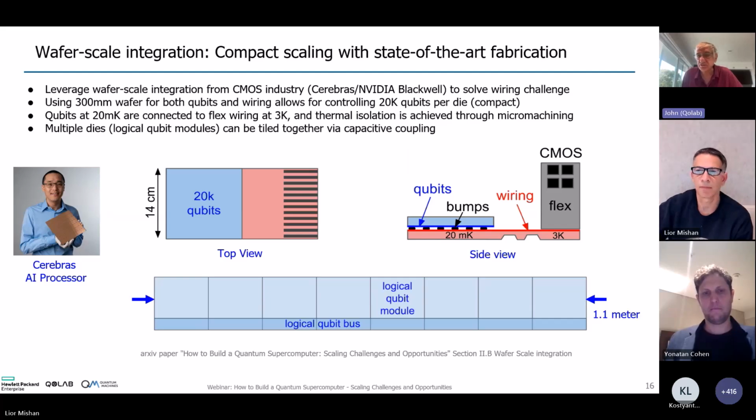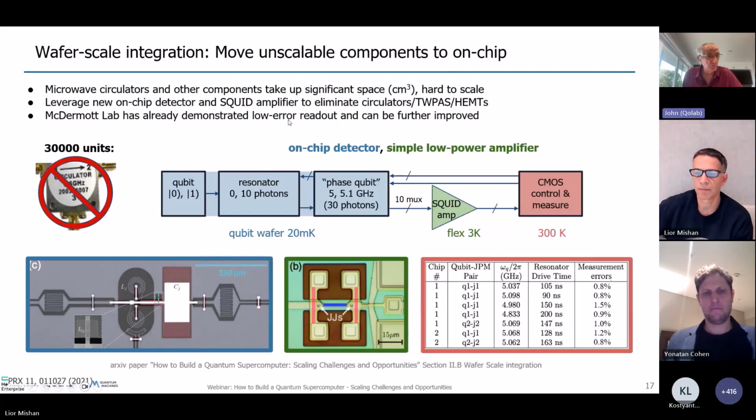Next slide, please. Now, one of the issues here is doing the measurement. That's because right now people use a measurement chain that includes circulators and amplifiers that are centimeters across. If you need 30,000 of them, that's just a huge, huge number. How are you going to integrate that?